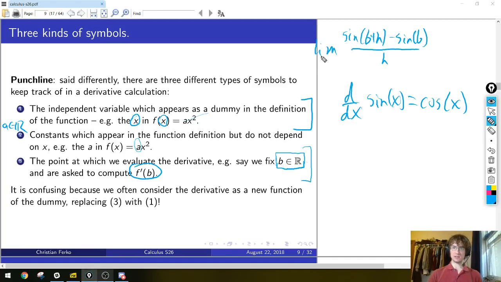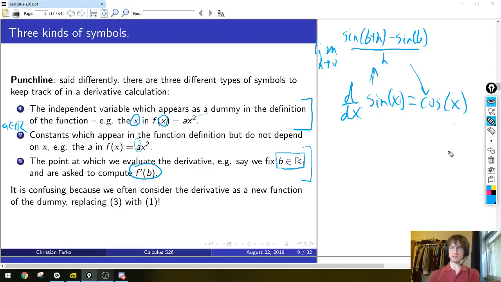I know how to do that at any b. And since I can do it at any b, I might as well call the point at which I do this, instead of b, x, and think of this as a machine that takes in a number x, computes this, where I replace b by x, and then spits out the slope of the tangent line.